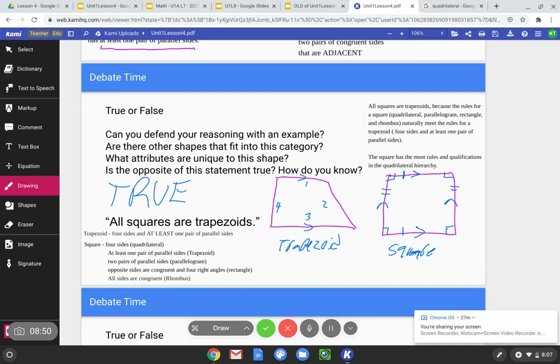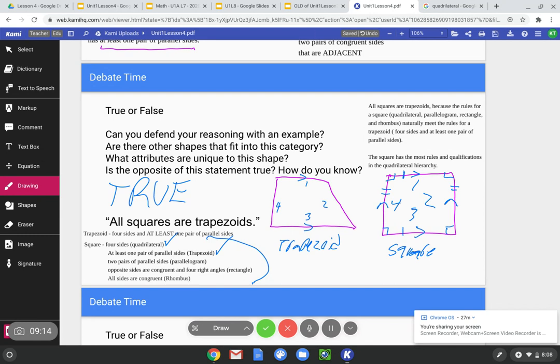So I even drew some pictures here, and we can see that this trapezoid has four sides and only one pair of parallel lines. And we see this square here. Let's go back to these definitions. I see it has four sides. 1, 2, 3, 4. Quadrilateral, check. Okay, 1 and 3 are parallel, so it's a trapezoid.